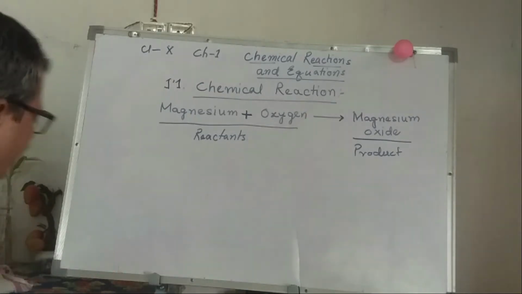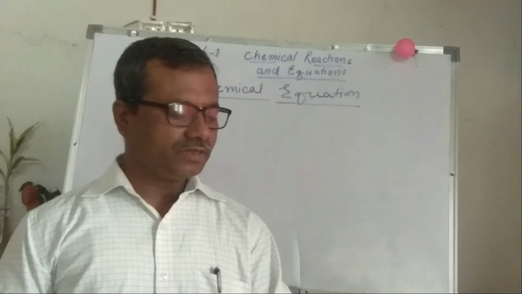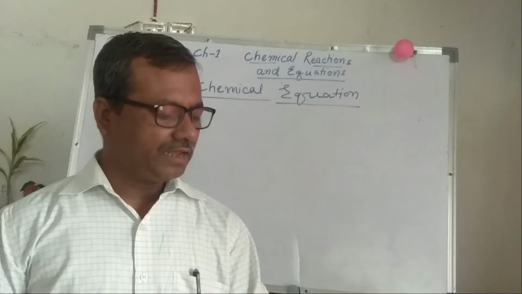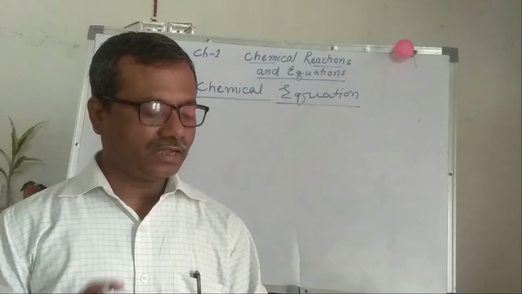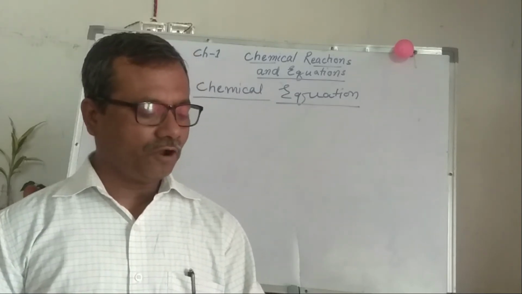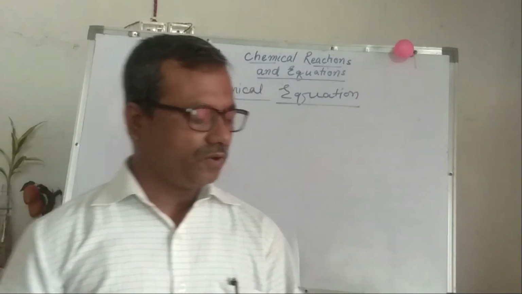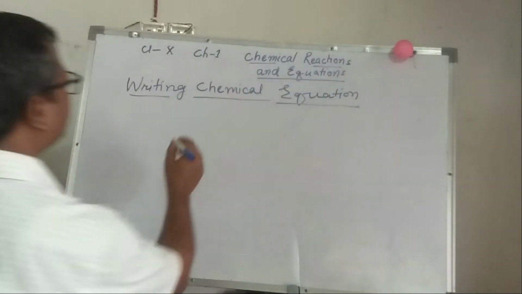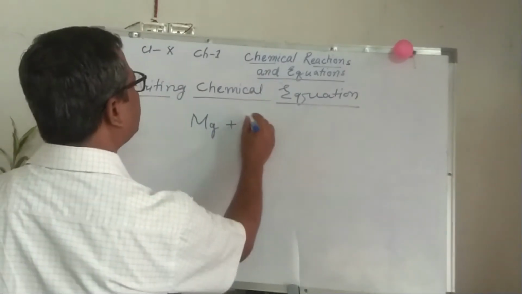Now we are moving to the next headline. Chemical equations can be made more concise and useful if we use chemical formulae instead of words. A chemical equation represents a chemical reaction. If you recall the formulae of magnesium, oxygen and magnesium oxide, the above word equation can be written as magnesium plus oxygen.